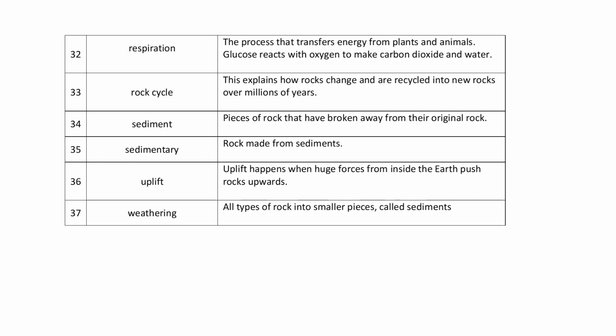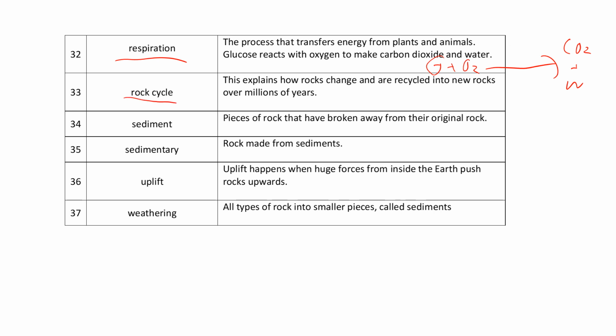The process that transfers energy from plants and animals: glucose plus oxygen makes CO2 plus water. Okay, obviously that's not scientifically correct. That process is respiration. This explains how rocks change and are recycled into new rocks, the rock cycle.